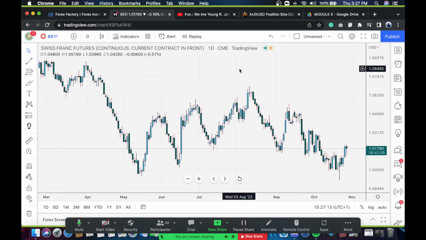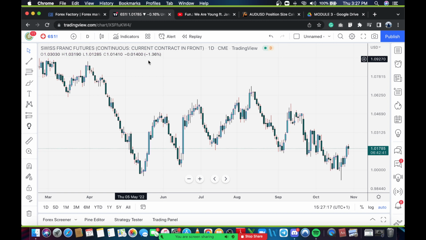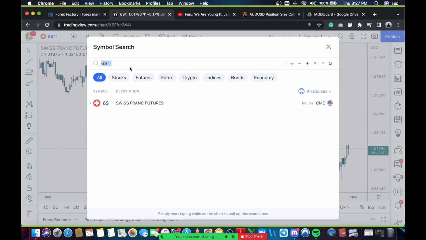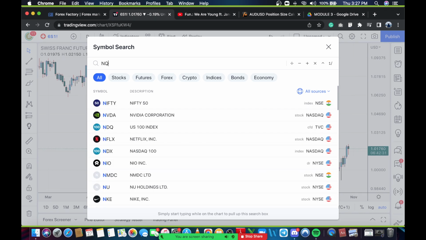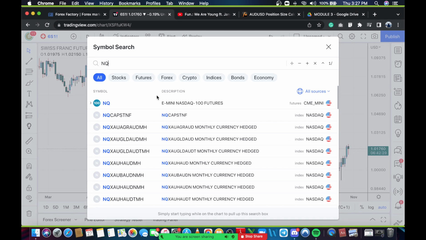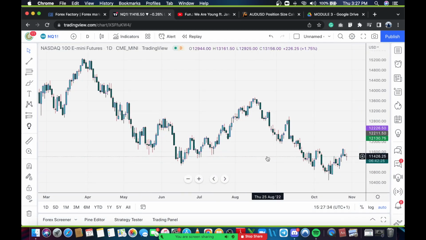Okay, so let me see if we can actually find examples of BPRs. Again, think about that island reversal I talked about. Let's look at the index market. This is the Nasdaq.